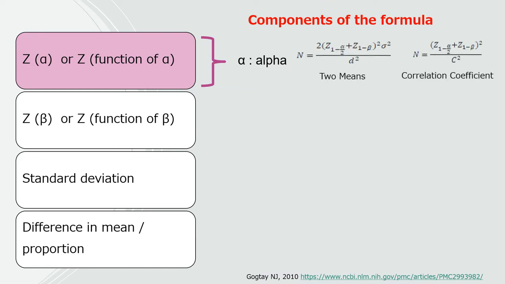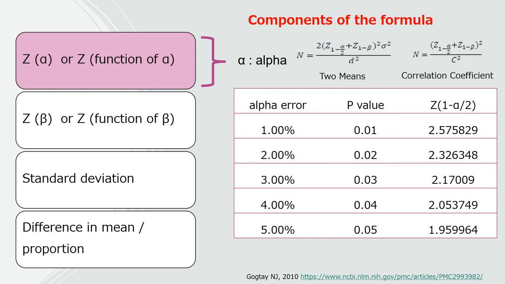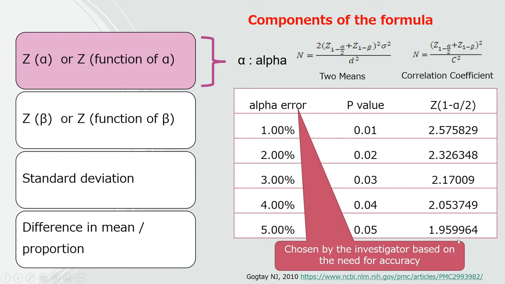Let's have a look at these two formulae again. When you set an alpha error of 1%, the z of 1 minus alpha by 2 will become 2.57. When you keep an alpha error of 5%, it becomes 1.9599, which is usually rounded off as 1.96. So who chooses these alpha errors? It is the investigator who chooses the alpha error.